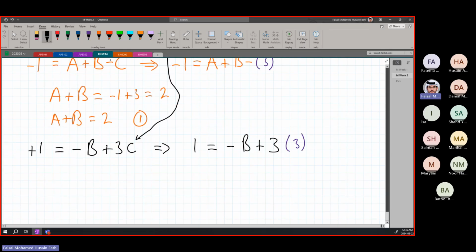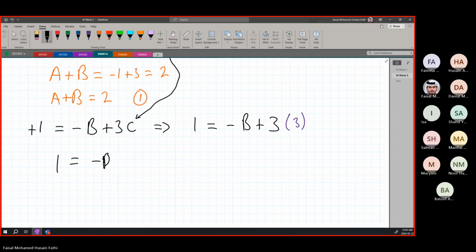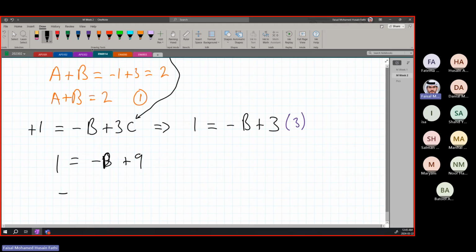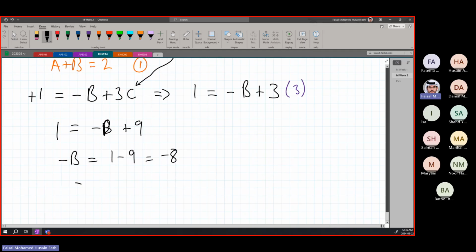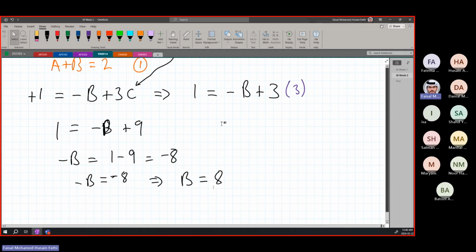If we rearrange this equation, we can directly solve for b. Let's take it step by step. 1 is equal to minus b plus 9. 9 I'll take to the other side, so it becomes minus b is equal to 1 minus 9, which is equal to minus 8. So minus b is equal to minus 8, which means b is equal to 8.